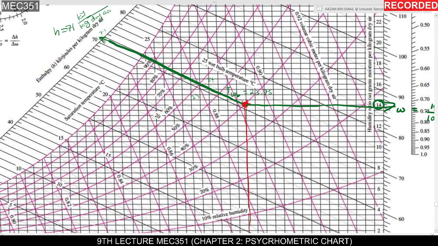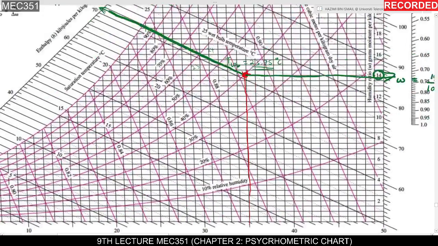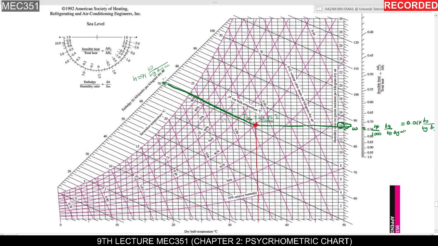I put it at the third quarter here. Okay, so that's it. Easy, right? That's why psychrometric charts are used for the applications. You can save a lot of time compared to using the formula, the equations.